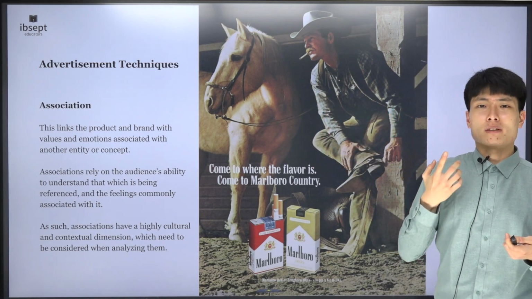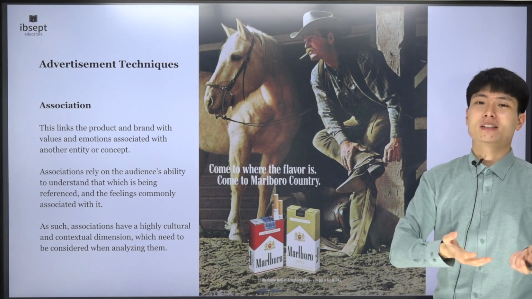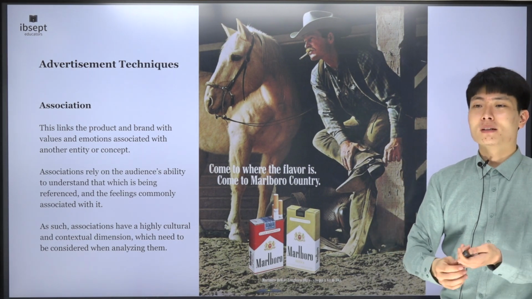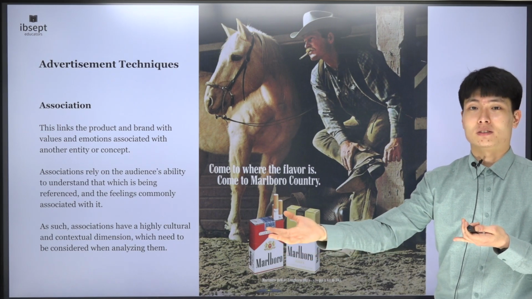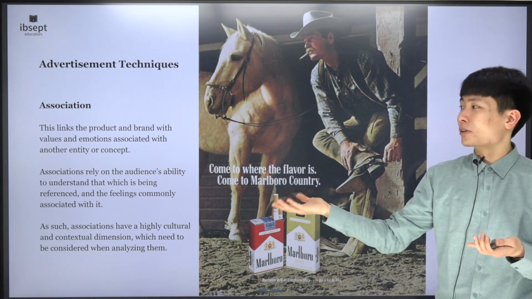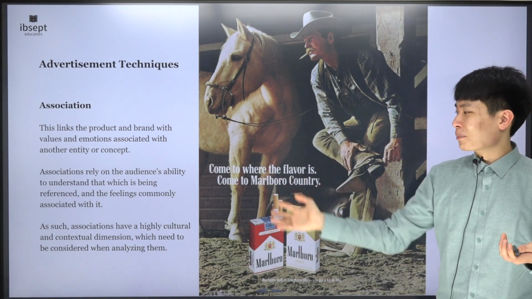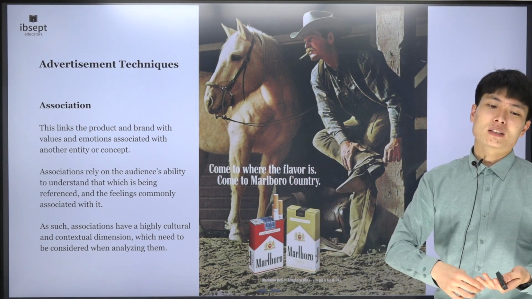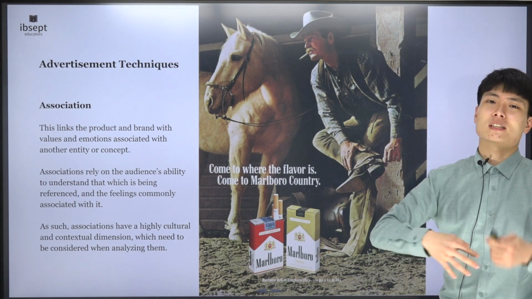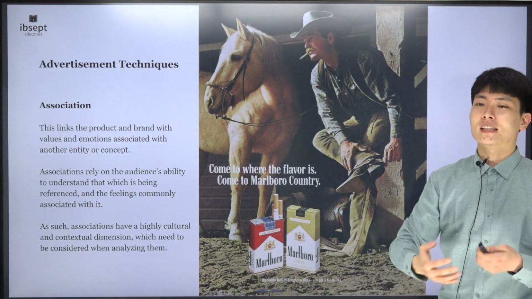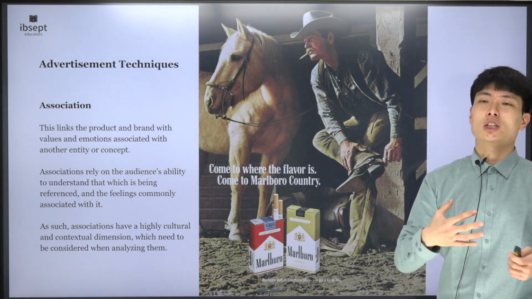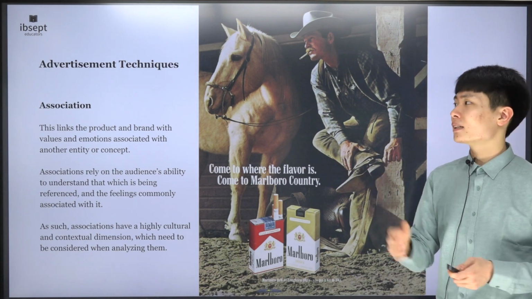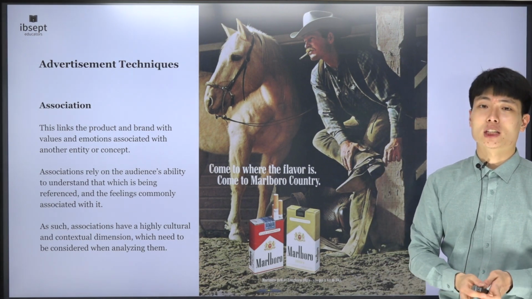That would work far better with an American audience than I would assume for a British audience, say, let alone a Korean audience. So Marlboro, if they wanted to sell the same product to a Korean audience, chances are they might use a slightly different technique, a slightly different subject to associate themselves with. And that is what you need to understand about the association technique.